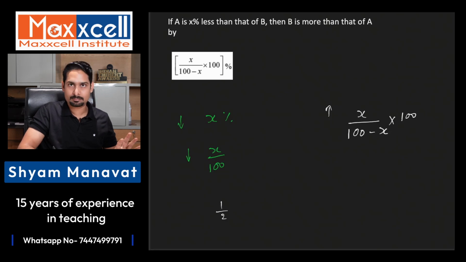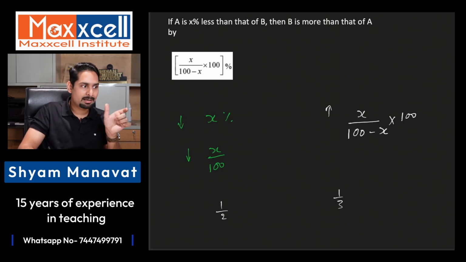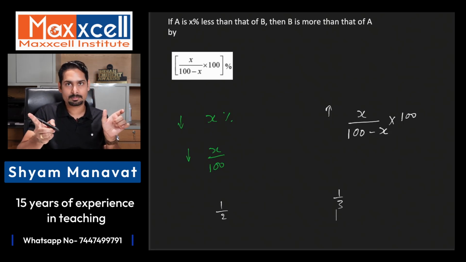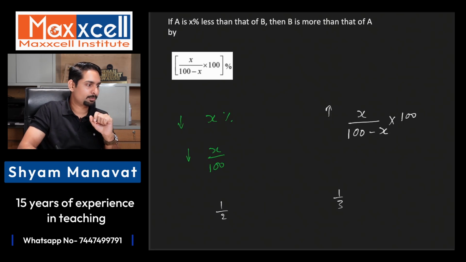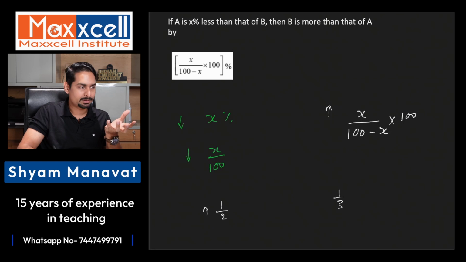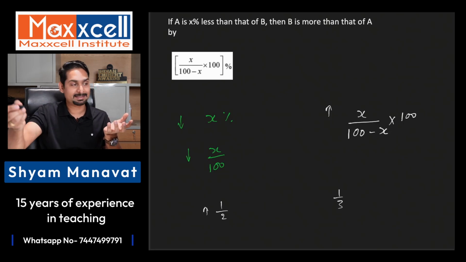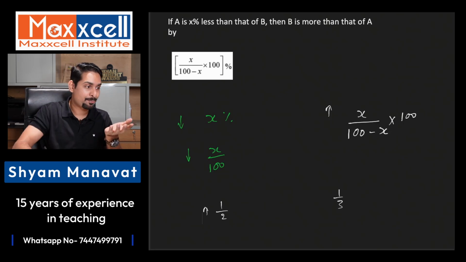Half, you understand, half is 50%. 1/3, so which one is more? Half is more or 1/3 is more? Of course, half is more. Half is 0.5, and 1/3 is less because it is 0.33.